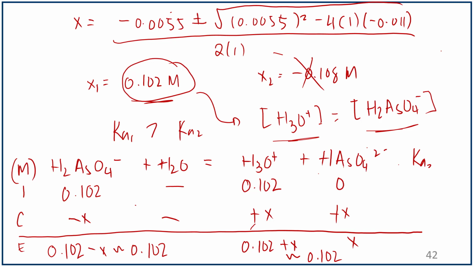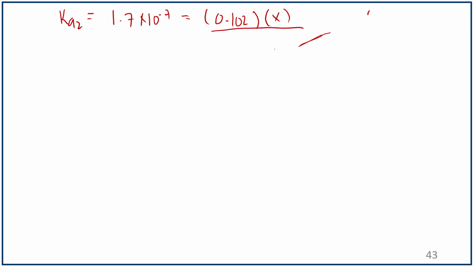Okay, and then we can write an expression for Ka2, such that Ka2, 1.7 times 10 to the negative 7, is equal to the concentration of hydronium, 0.102, times x, the concentration of HAsO4 2 minus, divided by 0.102.